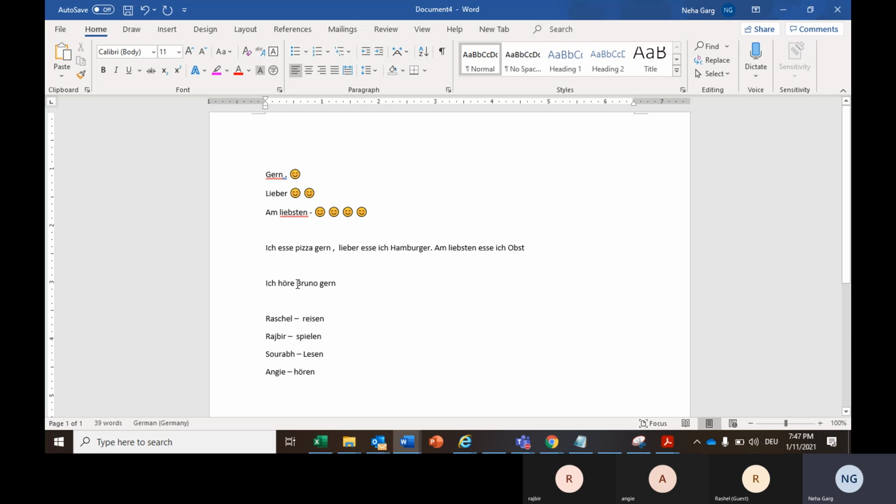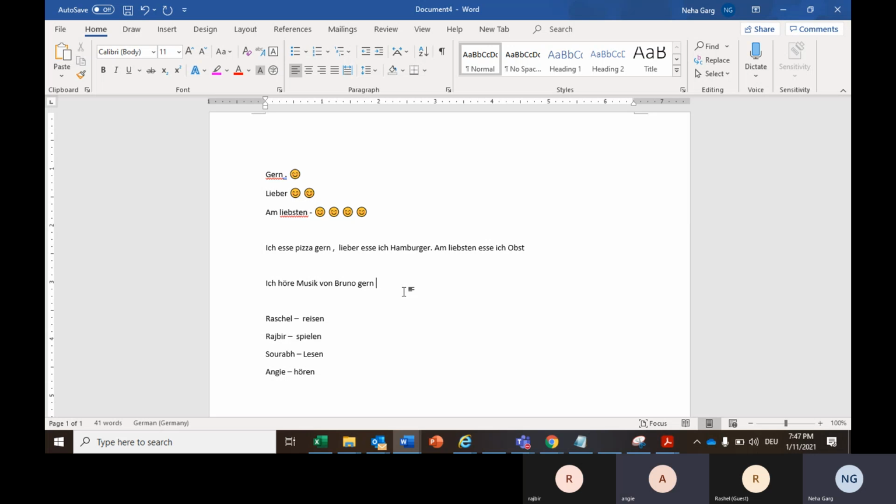Or you could have written ich höre Musik von Bruno gern. Once you are using the noun music, you have to write the music of that particular singer or composer. Or you could have written just the name only. If you're writing any famous name, it is automatically understandable that you're talking about music or a singer only.